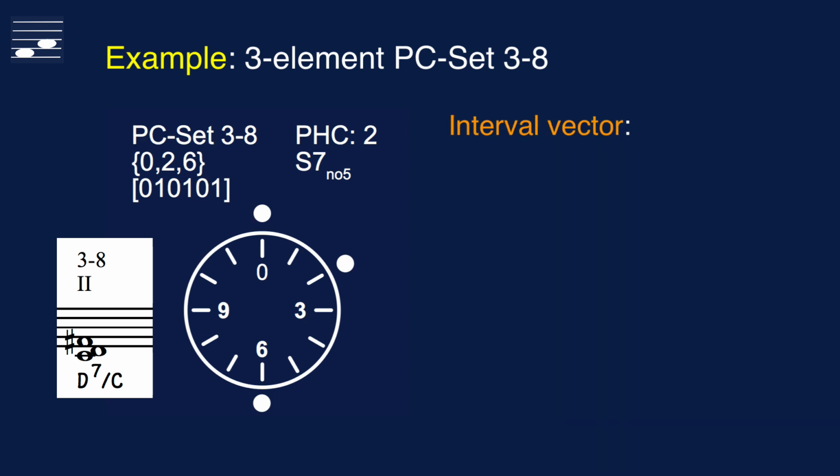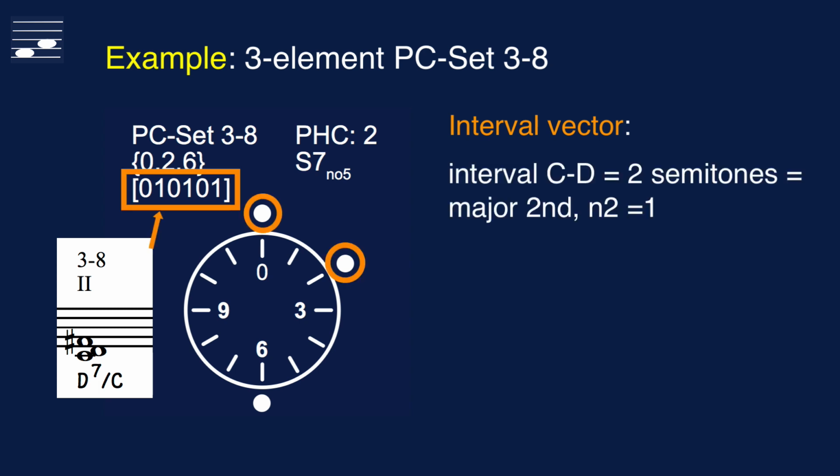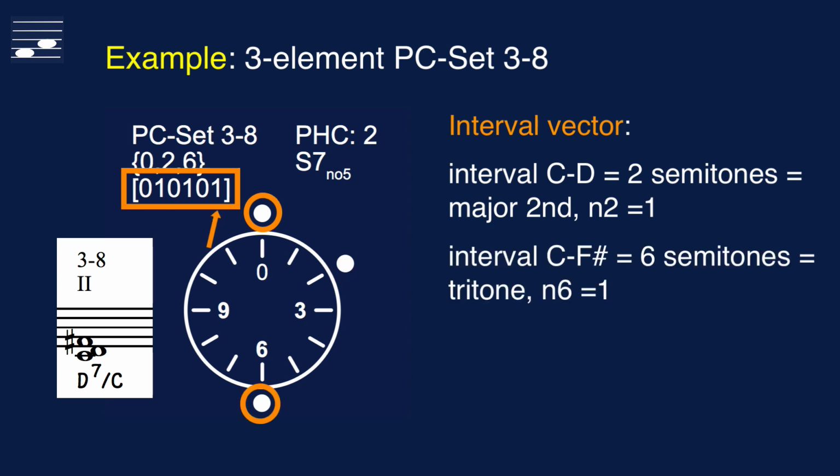We will determine the interval vector. There are 3 intervals in the set, so the interval vector elements will sum to 3. The interval between C and D is 2 semitones, therefore N2 is 1. From C to F sharp there is the 6 semitone tritone interval, and N6 is 1.